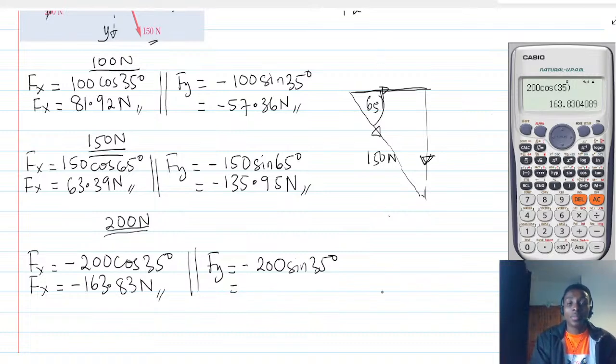And what is that? So 200 sine 35. So we are going to get 114.72. Okay. So 114.72, minus 114.72.